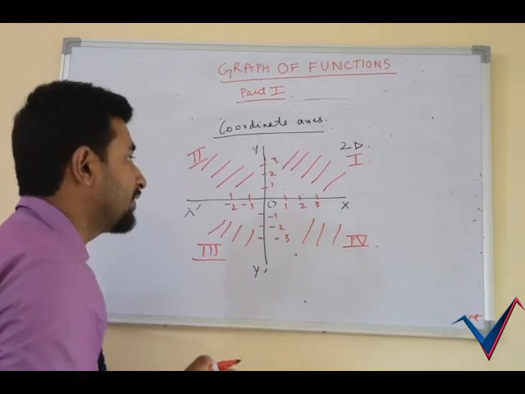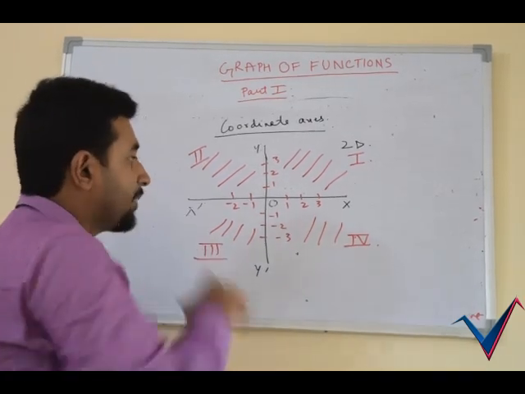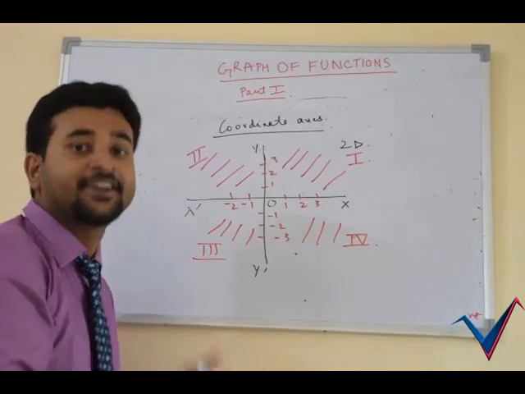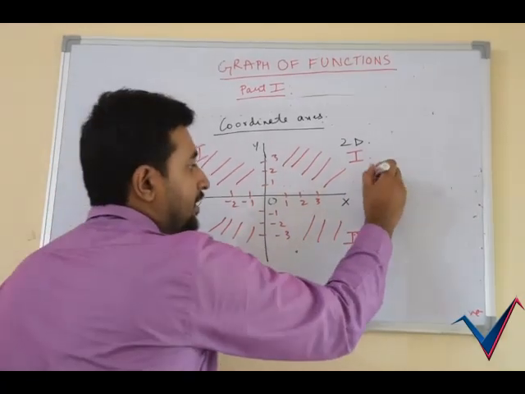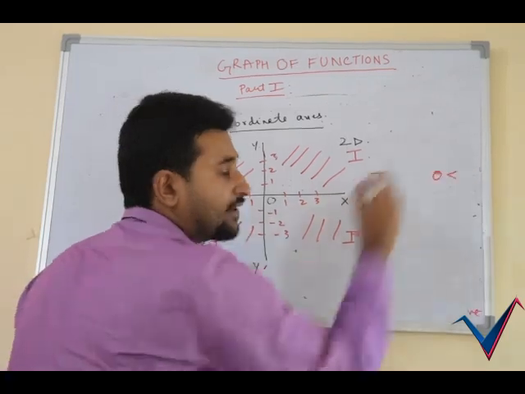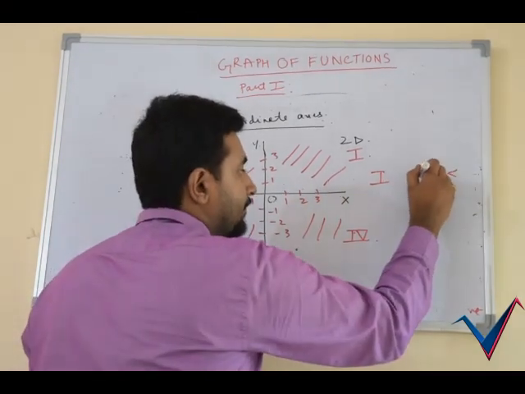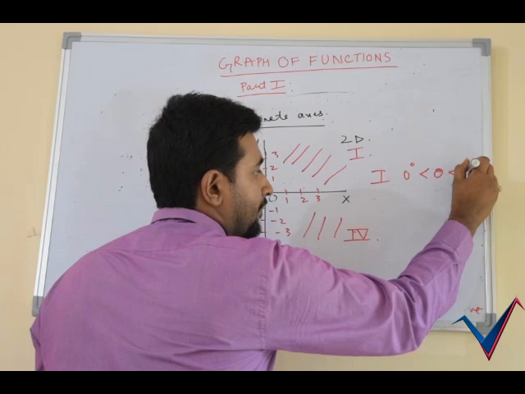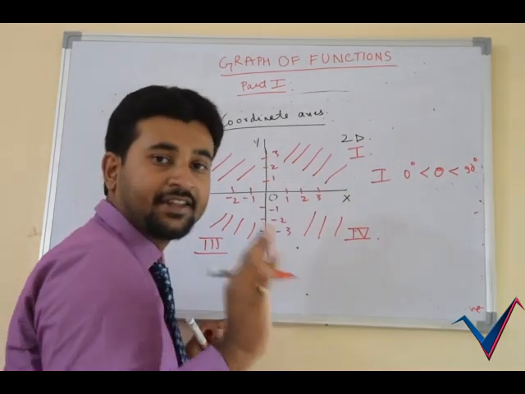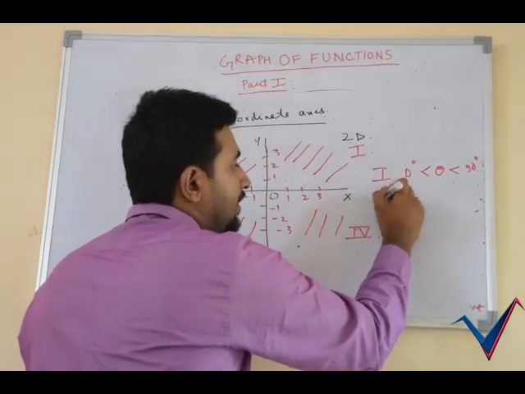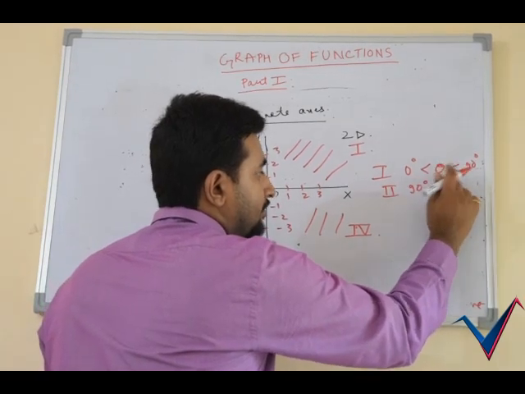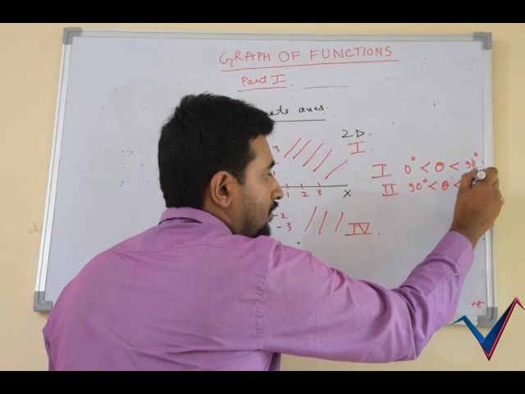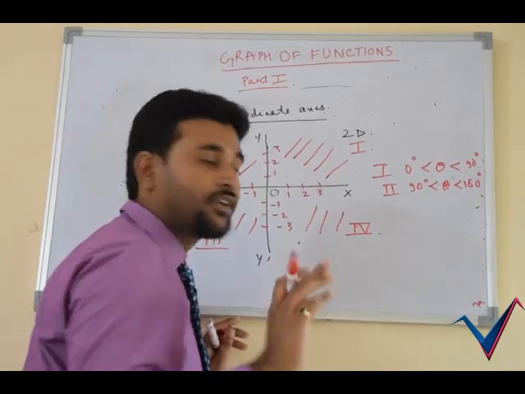So what is the significance of quadrants? The basic significance of quadrants when related to trigonometry is about the angles. In the first quadrant the angle lies between 0 to 90 degree. In the second quadrant the angle lies between 90 degree to 180 degree.